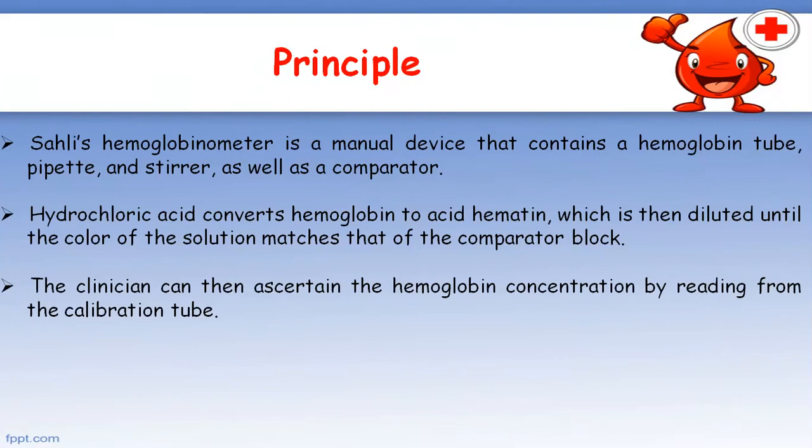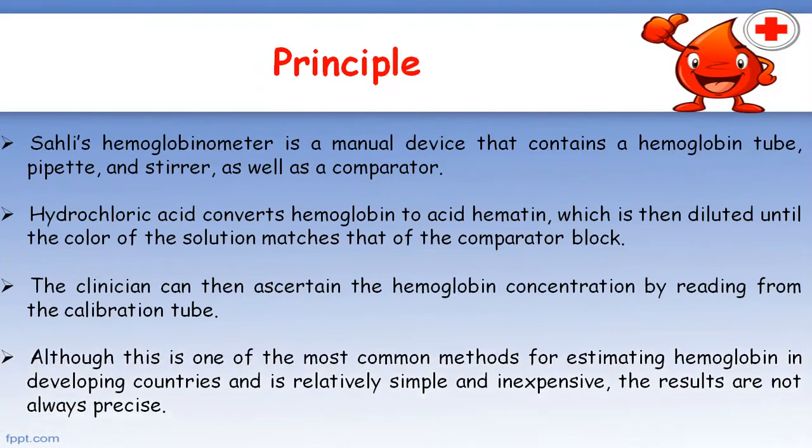The clinician can then ascertain the hemoglobin concentration by reading from the calibration tube. Although this is one of the most common methods for estimation of hemoglobin in developing countries and is relatively simple and inexpensive, the results are not always precise.